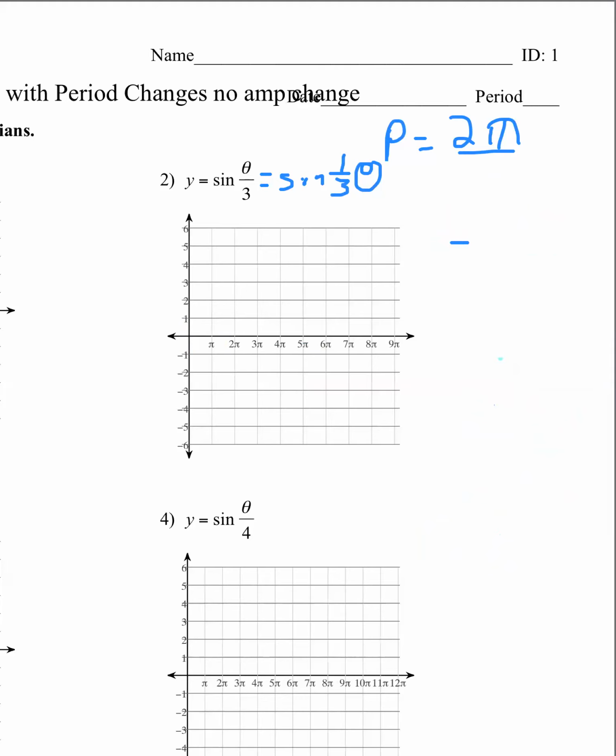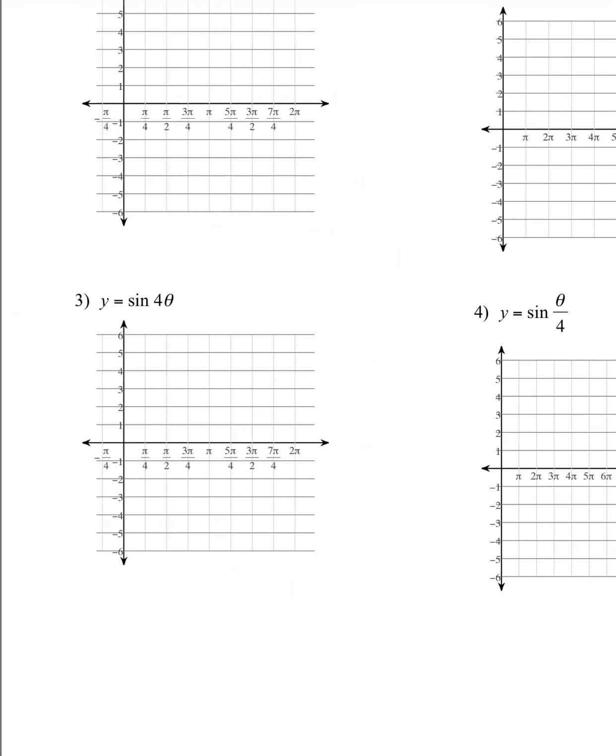No. Okay. Let's try 3. All right. Okay, let's stick with red. I like red. Okay.